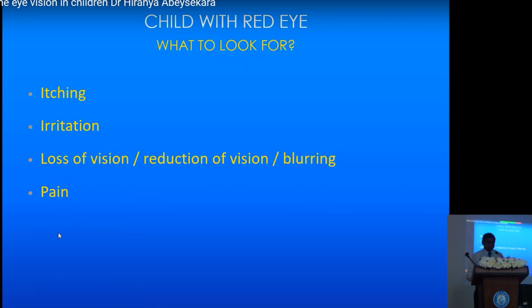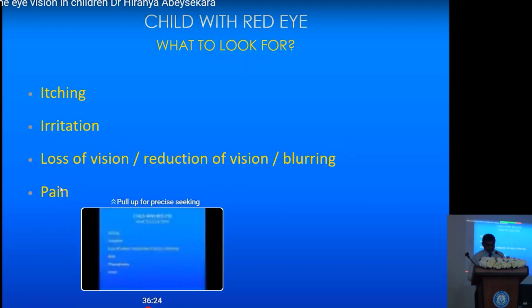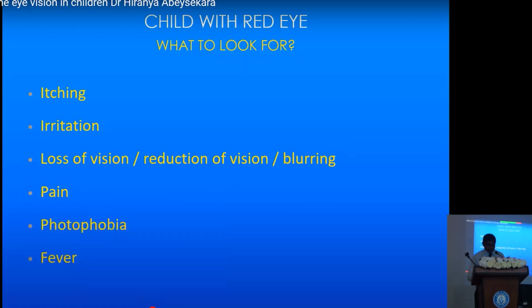If the red eye is associated with pain, that is most likely keratitis, the mildest case, or in the worst case, it could be a corneal ulcer or a corneal foreign body. So those symptoms are important.